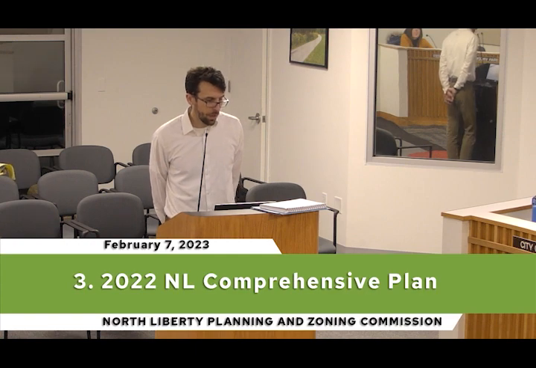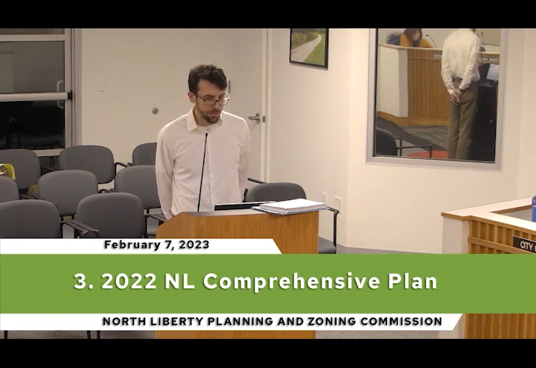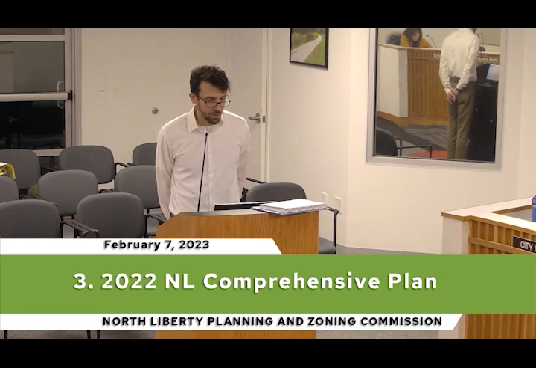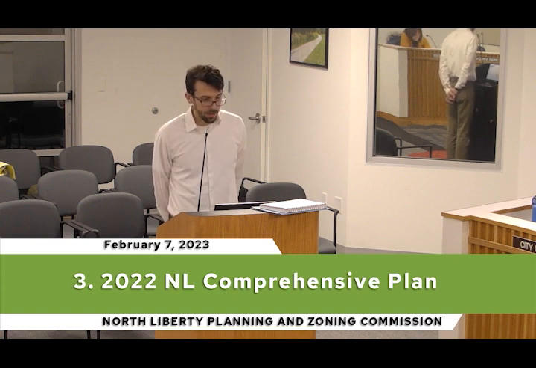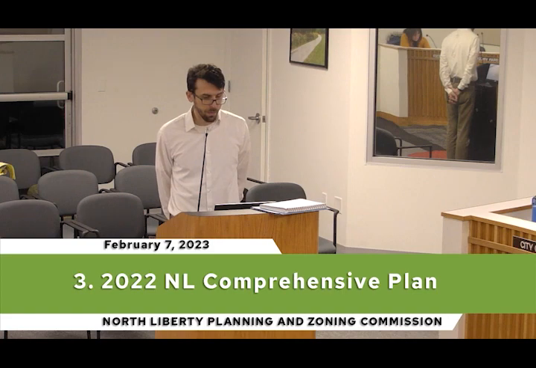So I'm just going to quickly highlight some of the areas of the future land use map. This is the northwest area of the map, north of Penn Street, generally west of 965. A lot of this area is undeveloped today, except for the area along Penn Street, which has some industrial type growth happening and commercial directly on Penn Street.